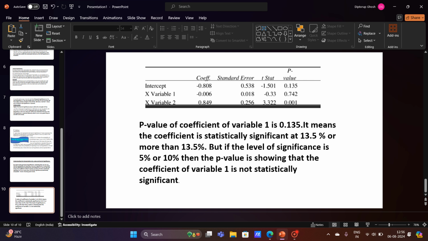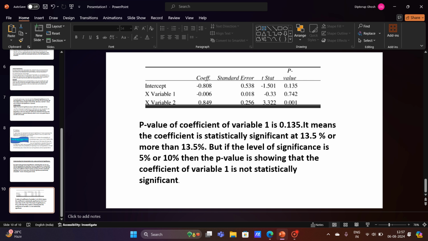But if the level of significance is less than 13.5%, that is 5% or 10%, then the p-value is showing that the coefficient of variable 1 is not statistically significant. If the level of significance was 20% or 25% or 15%, then we could have said that the coefficient is statistically significant, because the p-value is 13.5%.